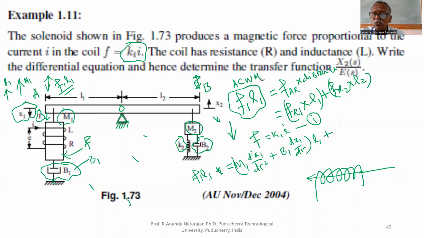Because of M2, M2 d square x2 by dt square multiplied by L2, plus B2 dx2 by dt multiplied by L2, plus K2 x2, all multiplied by L2. That's all.